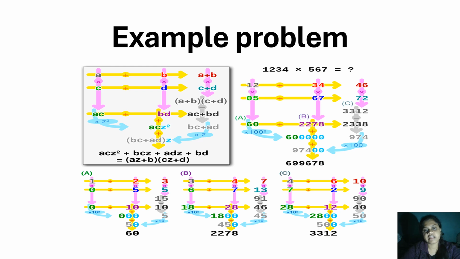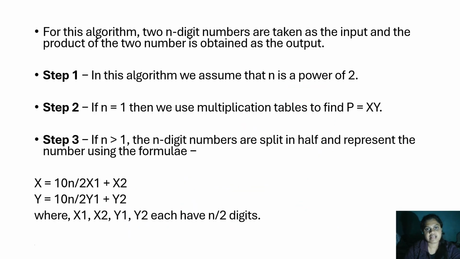So here we can take the example of 4 digits and 3 digits. In the 3-digit number, we'll add a 0 before the number, so that we'll get equal parts, and we are finally multiplying and doing the operations, and I'll give the formula in the next slide.